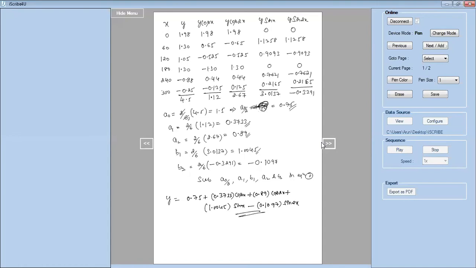So this is the Fourier series up to second harmonics for the problem given. This is how we can find the Fourier series up to the given number of harmonics when the period is 2 pi.